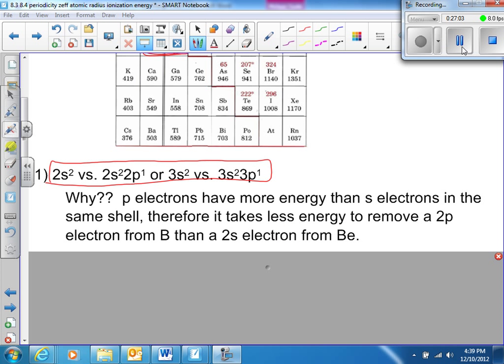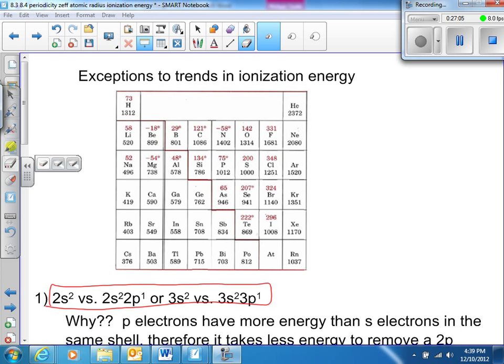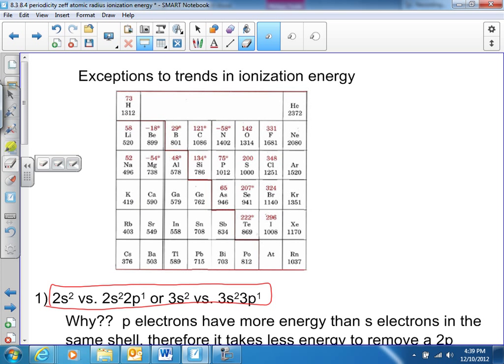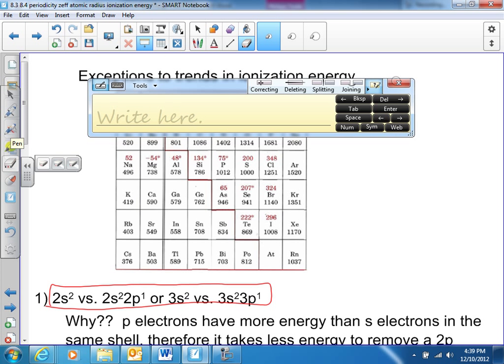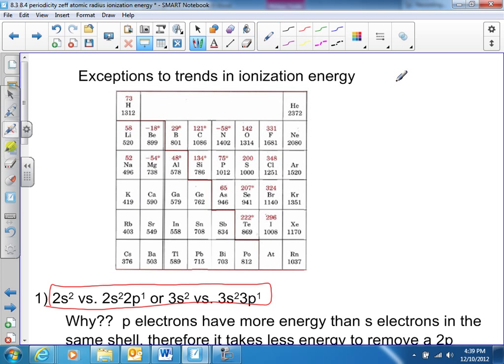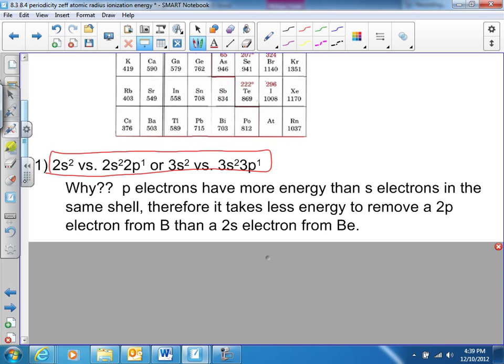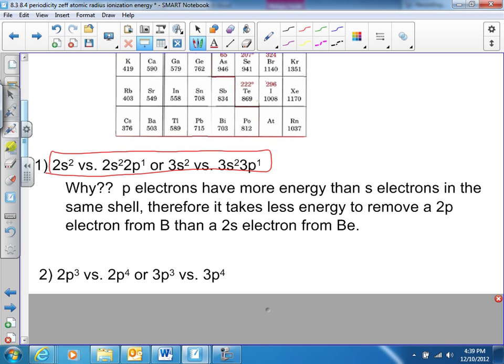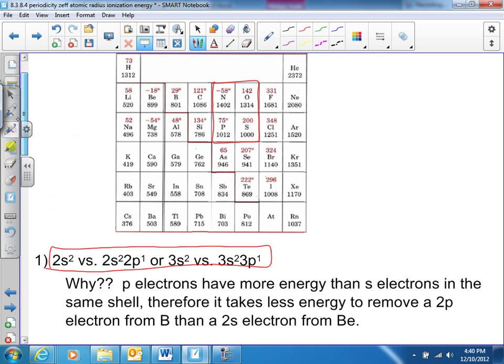Now we have another exception. Okay, this time I want you to look right here. Not going well today. So this exception is 2p3 versus 2p4, or 3p3 versus 3p4.